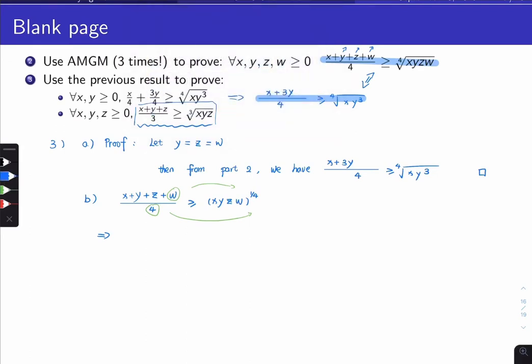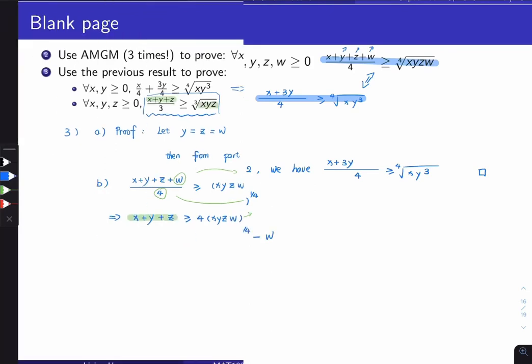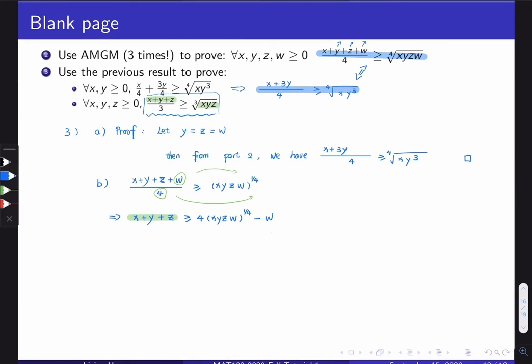Move it to the other side, we'll have x plus y plus z is greater than or equal to 4 times (xyzw) to the power of 1 over 4 minus w. Now let's go back and check what we need to show. Let's write it exactly like what we have here. This is x plus y plus z is greater than or equal to 3 times (xyz) to the power of 1 over 3.